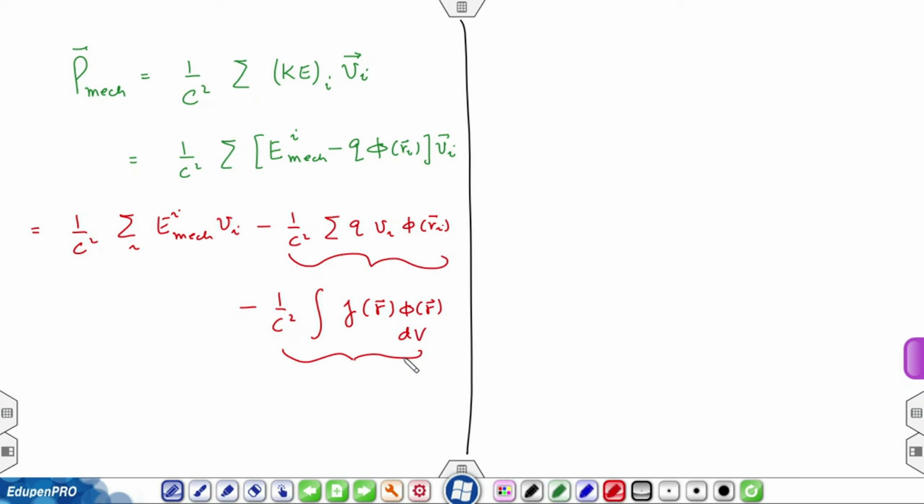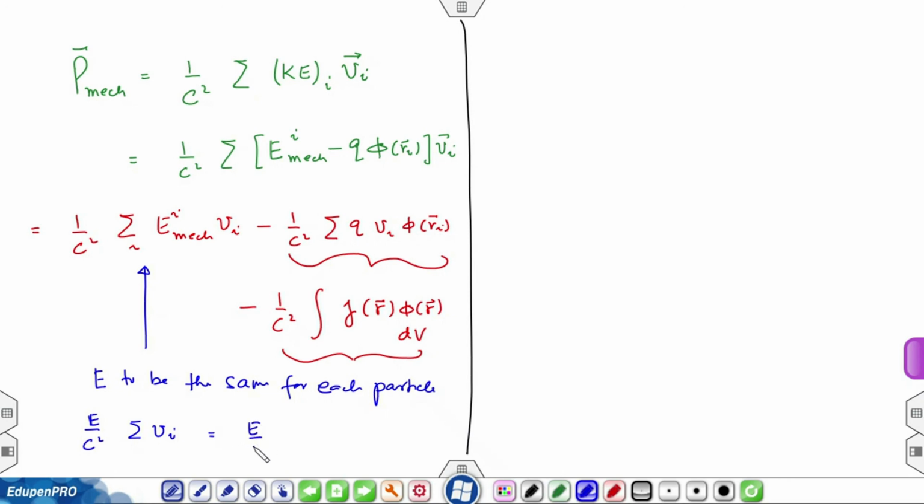How about the first part? For the first part, if I take E to be the same for each particle, I get 1 over c square summation v_i times E outside, which I can write as E over c square q integral j(r) dv, which is equal to 0.